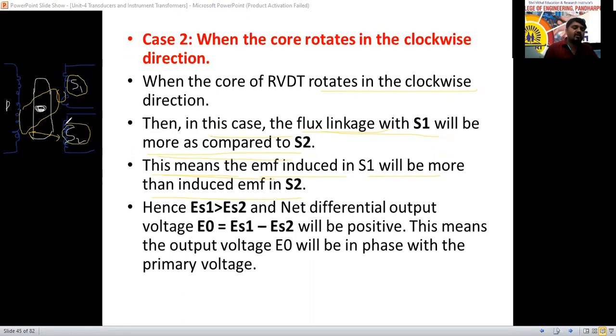If the flux linkage is more, then will the EMF induced be more or less? More, obviously. Which winding has more flux linkage?